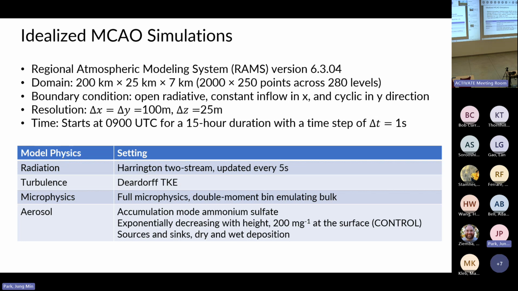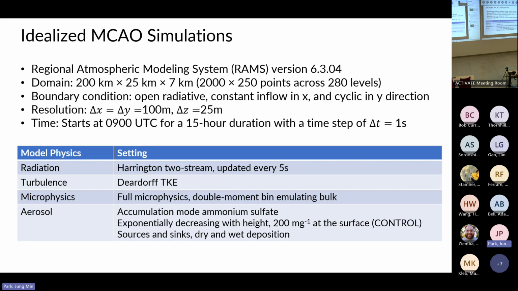Since we have a prescribed gradient in the sea surface temperature to mimic the Gulf Stream in a highly idealized manner, boundary conditions were chosen accordingly. Each simulation runs for 15 hours, starting at 9 UTC with a 1 second time step. And for those who are more modeling savvy, here are some physics options that we use in our experiments.